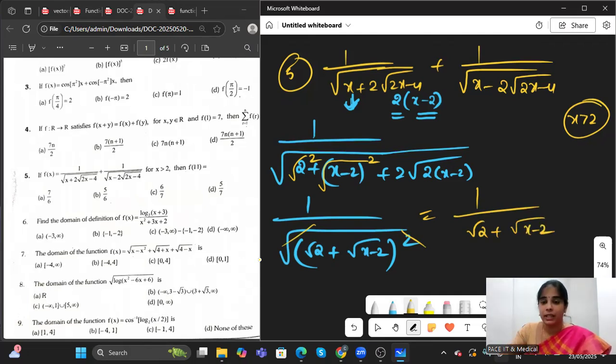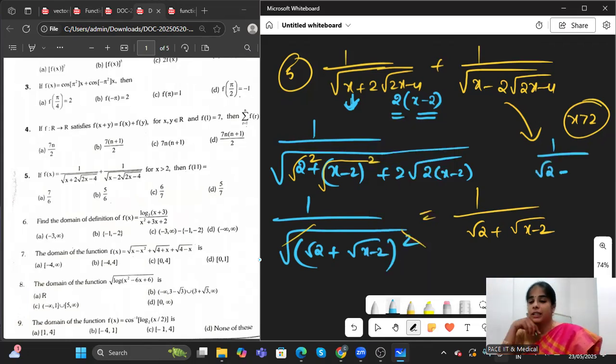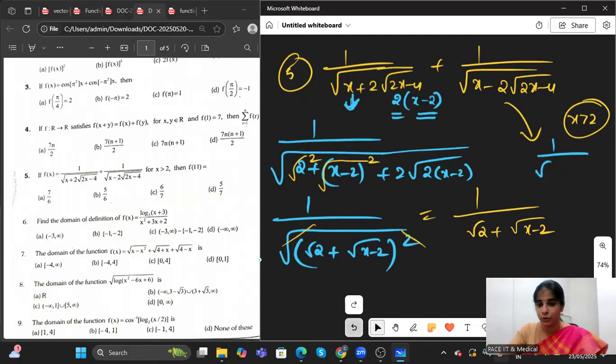Now, in the same way, what will be the answer for the other part? That will be 1 by root 2 minus root x minus 2 or root x minus 2 minus root 2, whichever is the best option. That is what we need to check based on the given clue. Clear? So that part we will see now.